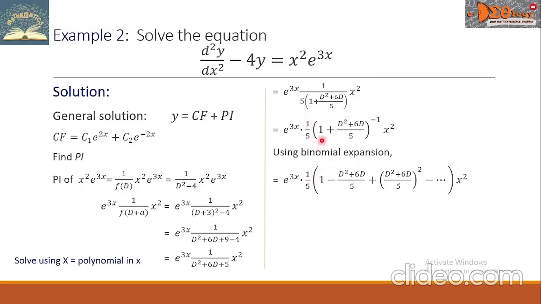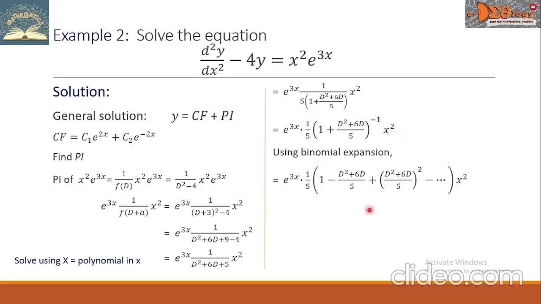So for the term 1 plus this D squared plus 6D all over 5, that is raised to negative 1, we will show it to be like this. 1 minus the D squared plus 6D all over 5 plus the square of the quantity D squared plus 6D all over 5 minus and so on. But we stop at the power 2 because the x squared here has the degree 2 only.